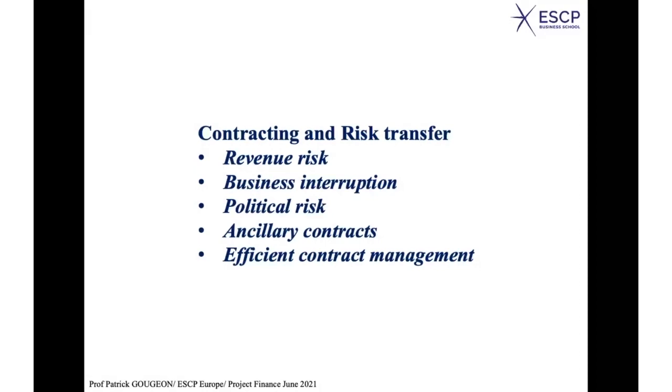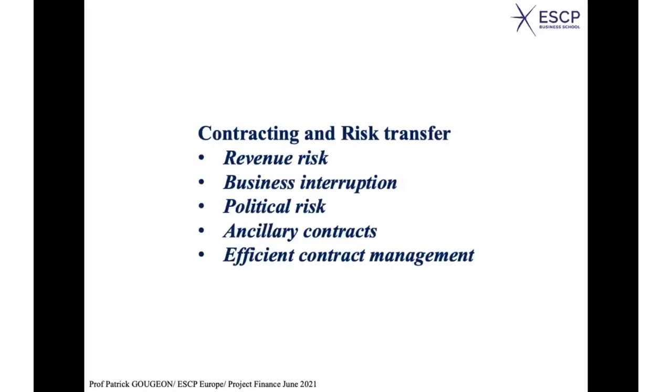I mean, the type of contract that can be fixed to guarantee the revenue can also be used to a certain extent to guarantee a certain cost of supply. I will say a few words about business interruption, because the business interruption risk is a very important issue for project finance. What if the project is interrupted during a period of time, because it may create huge difficulties for the payment of the huge debt service.